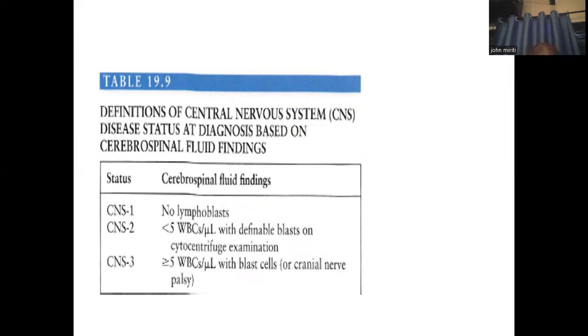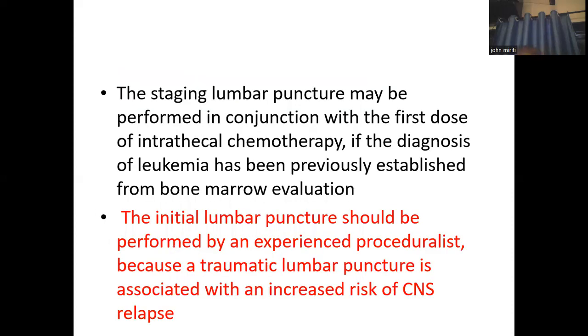To know whether these patients are manifesting CNS disease, the classification is: no lymphocytes in the CSF is CNS1, CNS2 is fewer than 5 white blood cells with identifiable blasts on centrifuge examination, and CNS3 is more than 5 white blood cells with blasts, or cranial nerve palsy. That is the classification of acute lymphoid leukemia in complications of CNS.